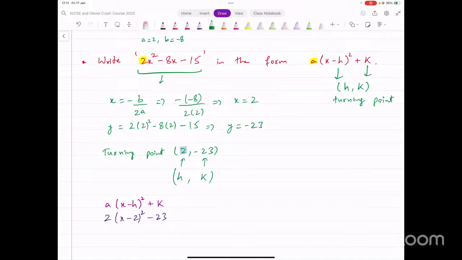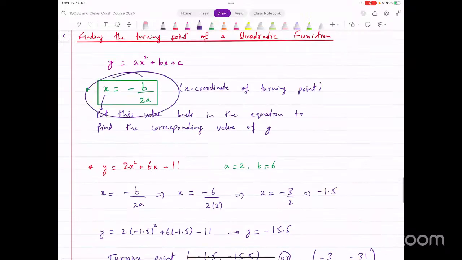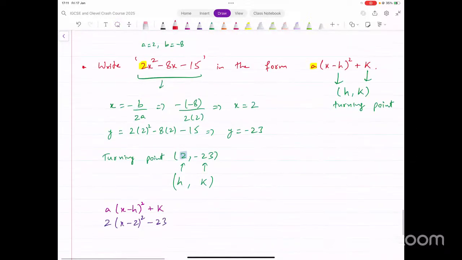That other method becomes especially complicated when you have fractions involved and when you have to divide fractions by some numbers. If you remember the minus b over 2a formula, all you have to do is just find the turning point using this formula. Once you have the turning point, you would just input that in this form, a into x minus h whole square plus k, and you would get the completed square form for that.